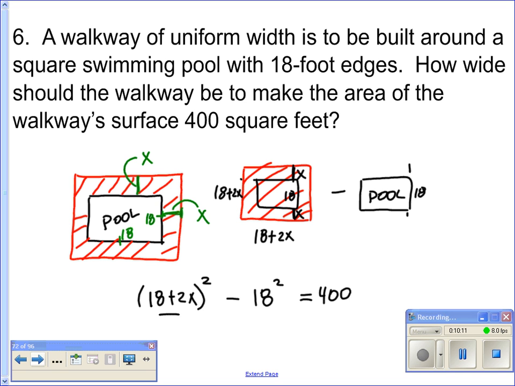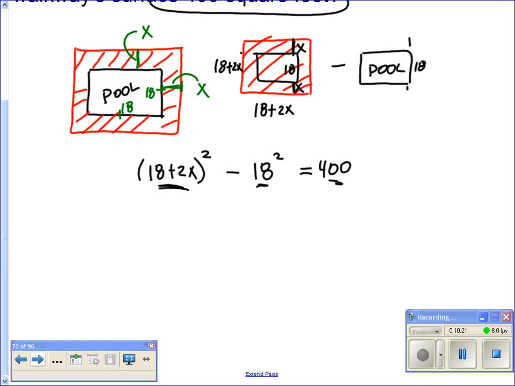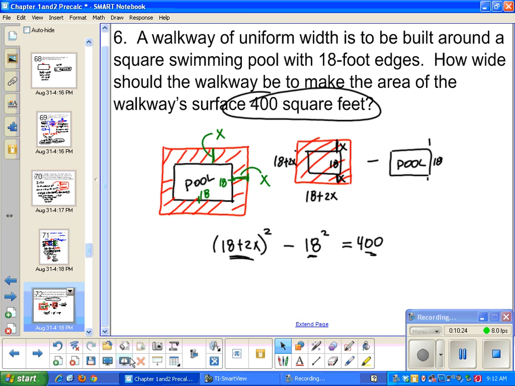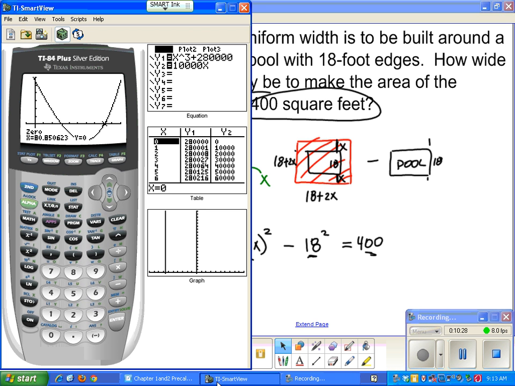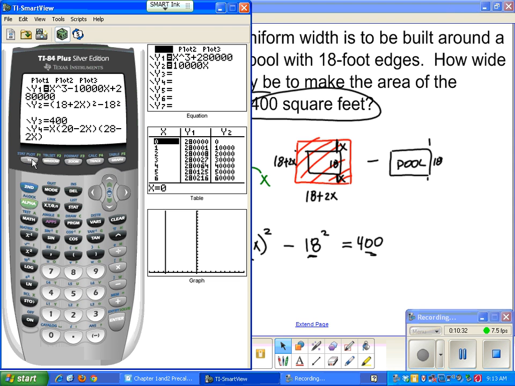It's the exterior area minus the pool area is equal to the 400 square feet that we wanted in our problem. Now we're going to use our calculator to solve that just by finding the intersection. You should go ahead and plug that in your calculator. It'd be a good time to pause the video and see if you could come up with it by yourself.